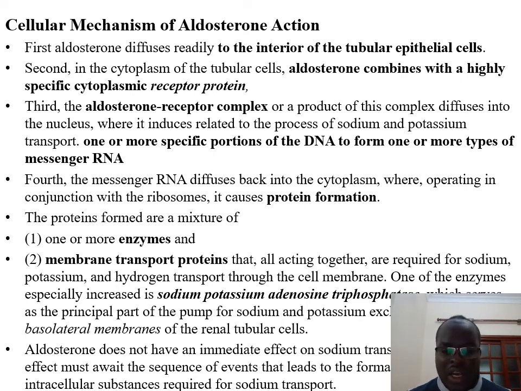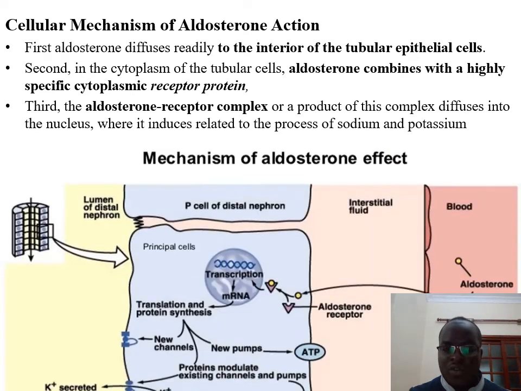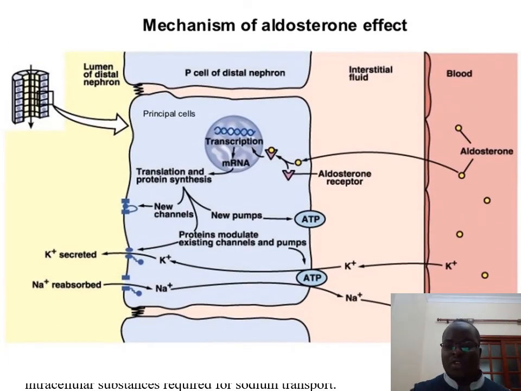Aldosterone does not have an immediate effect on sodium transport. Rather, this effect must await the sequence of events that leads to the formation of specific intracellular substances required for sodium transport.